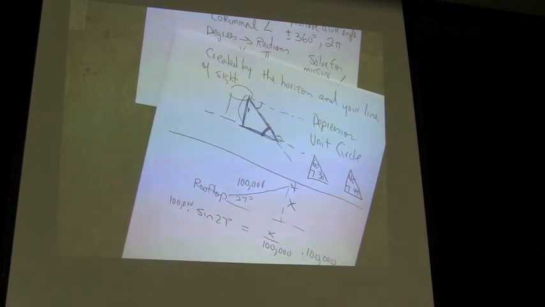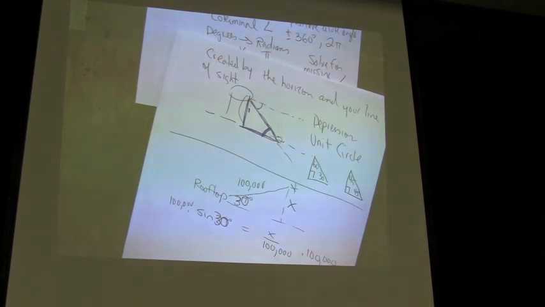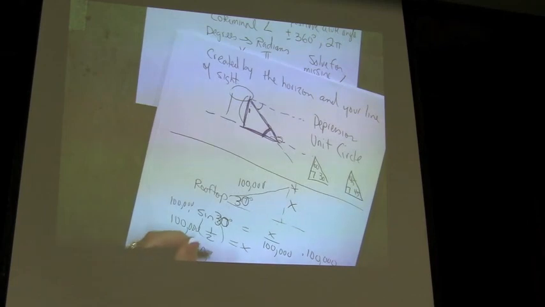And whatever I get is my answer. Okay, so if it's sine of 30 degrees equals x over 100,000, what's sine of 30? 1/2. So 1/2 times 100,000, and so the answer would be that the star is 50,000 miles high in the sky.